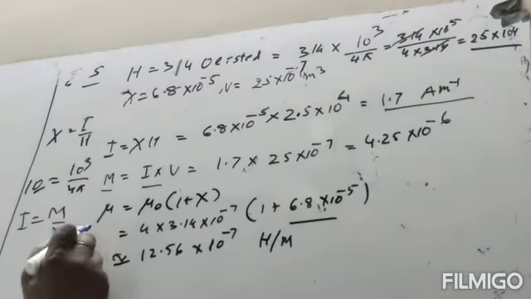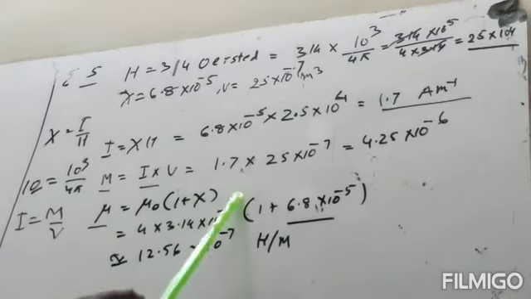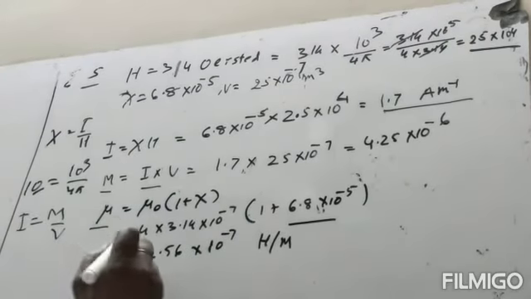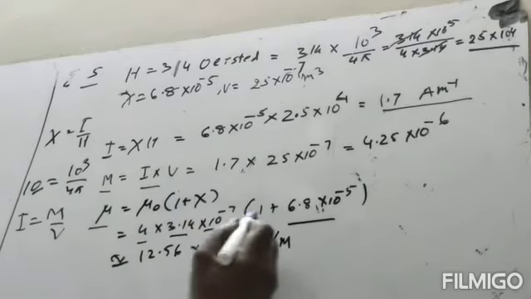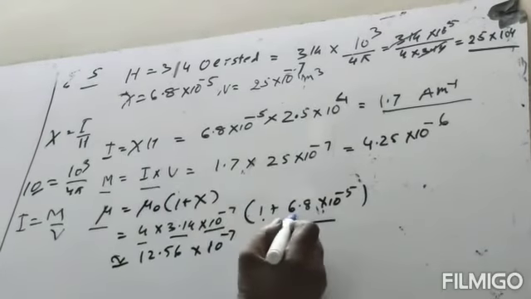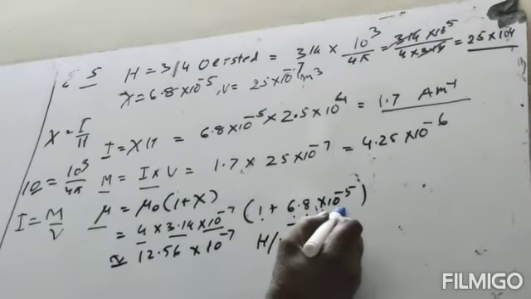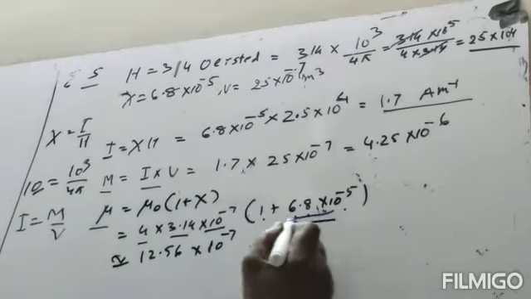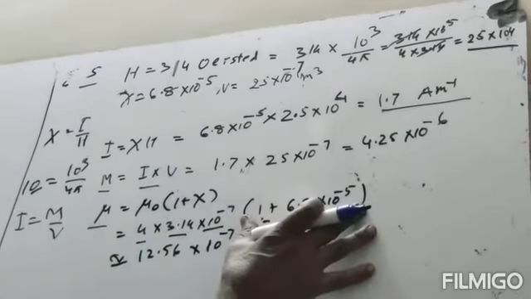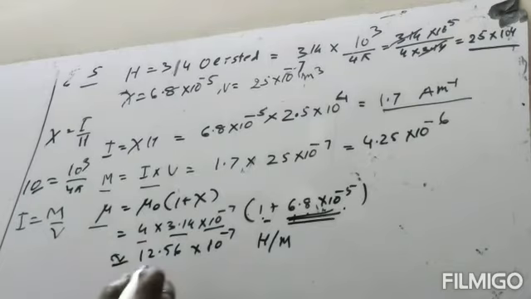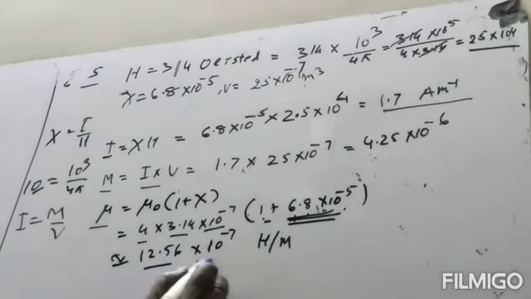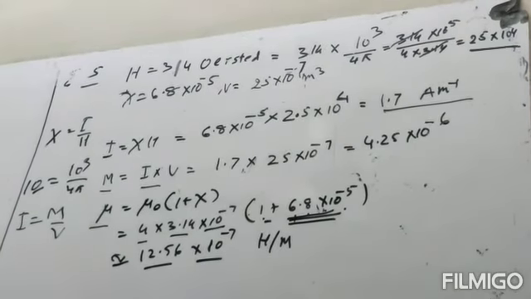Now what will be the value of mu? Mu is equal to mu 0 into (1 plus chi). So mu 0 is 4 pi into 10 raised to minus 7 into 1 plus chi, which is 6.8 into 10 raised to minus 5. Now this quantity is very small compared to 1, so we can neglect it. So the value of mu will be equal to 12.56 into 10 raised to minus 7 Henry per meter.